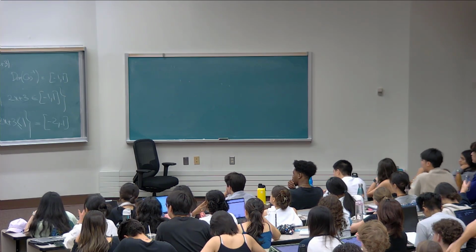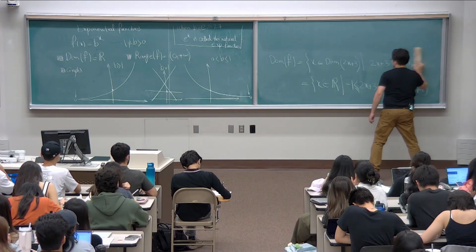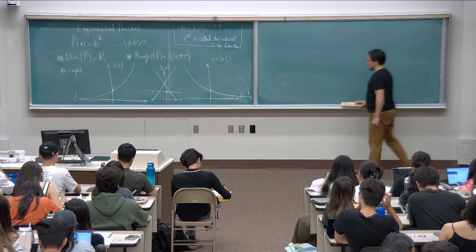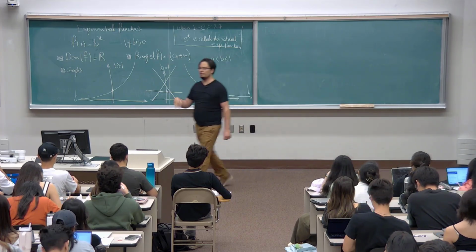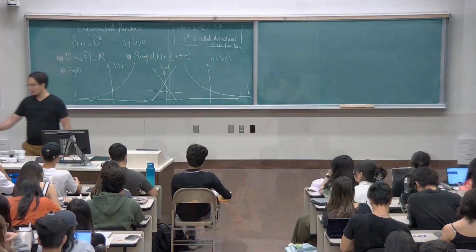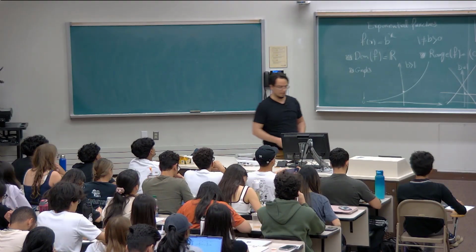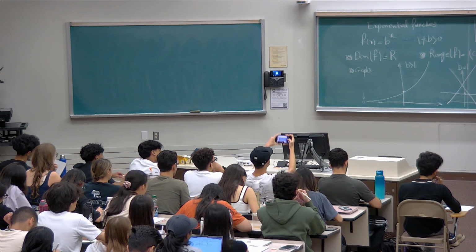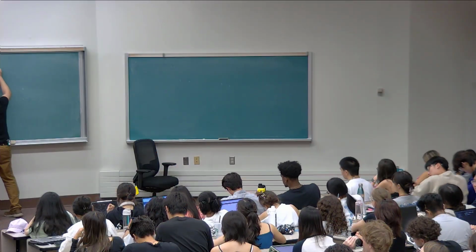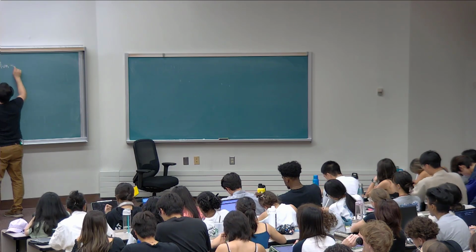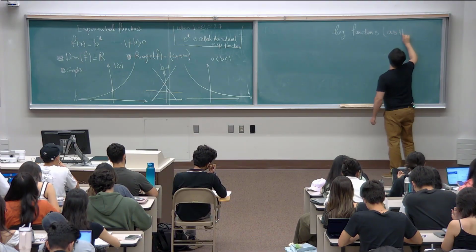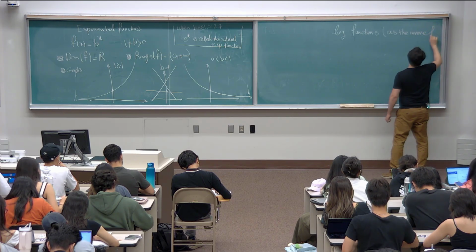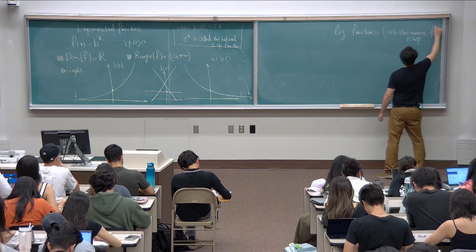Now we want this to be reversed. We want to find the inverse of these functions. Those are called logarithmic functions, I will write log functions, as the inverse of exponential functions.